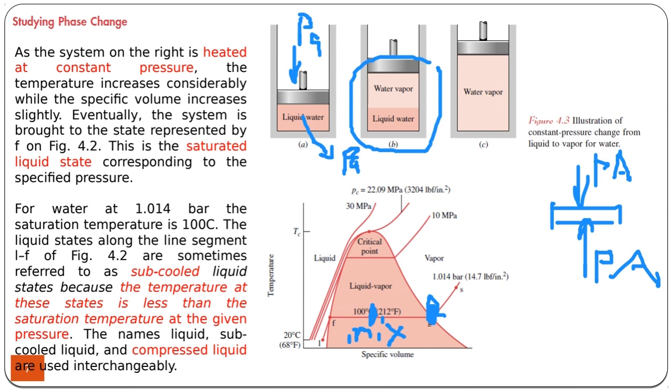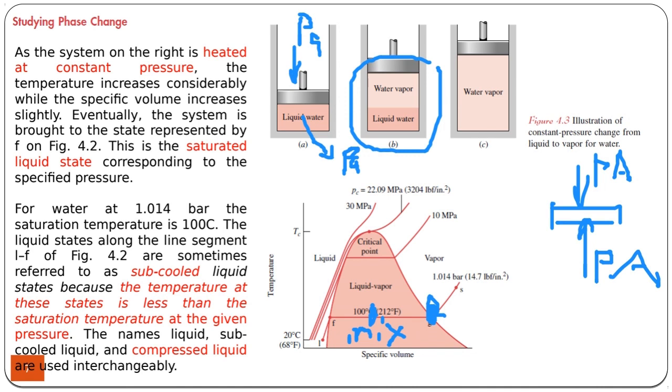saturated vapor. It started with liquid, subcooled liquid, because it's called subcooled due to the fact that its temperature is lower than the saturation temperature. When the temperature becomes the saturation temperature, which is 100 Celsius for 1 atmosphere for water, phase change starts. During the phase change, the liquid water is converted to vapor, gas water.